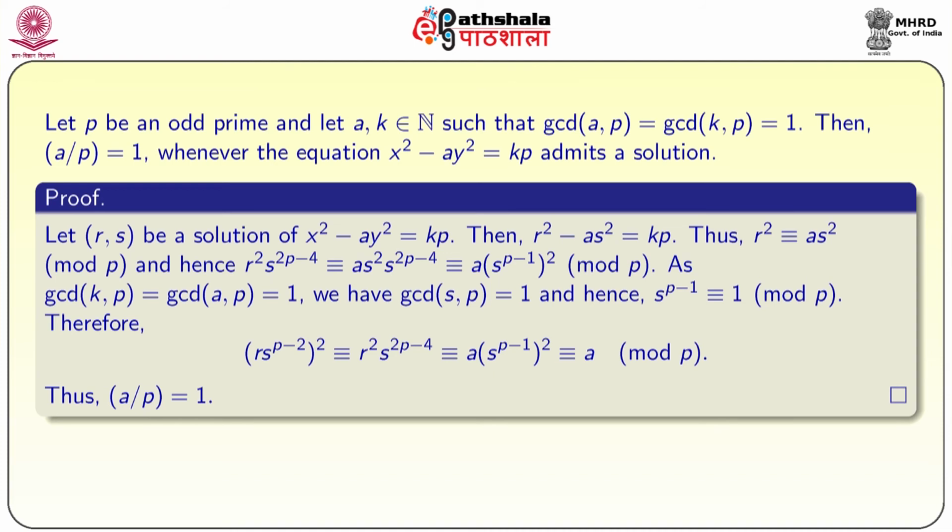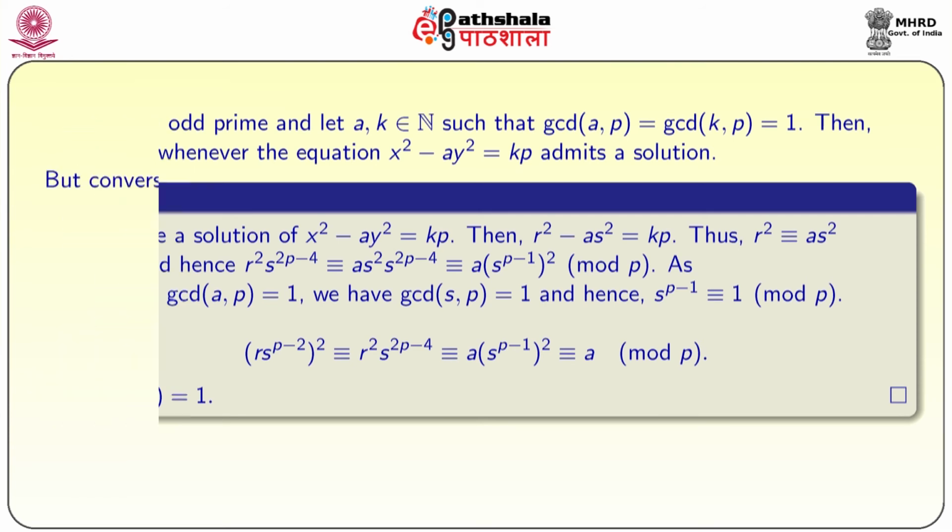Therefore (r times s power p minus 2) whole square, which is equal to r square times s power 2p minus 4, is congruent to a times (s power p minus 1) whole square, which is congruent to a mod p. That means a satisfies the equation x square congruent to a mod p. That means a is a quadratic residue modulo p. Thus we have (a/p) equal to 1.